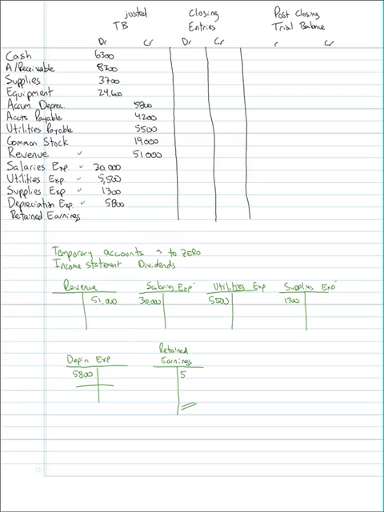So the first thing we need to do is clear out our revenue. Revenue currently has a $51,000 credit balance, and we want it to have a zero balance after the books are closed. So we have to record a $51,000 debit to revenue.